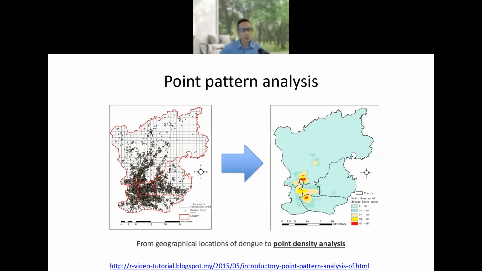And then you can see these red areas. This we usually call a hotspot. Because there are more cases in those areas, and then you have yellowish, and then you have green area. So the green is the area that has the lowest number of cases.